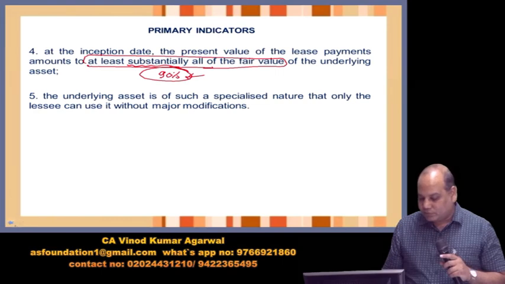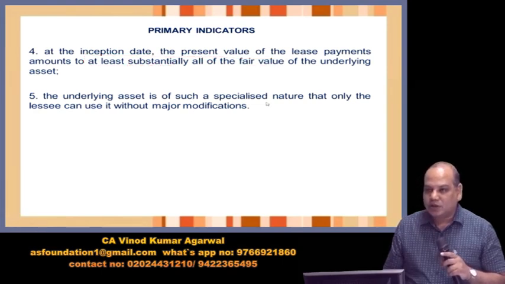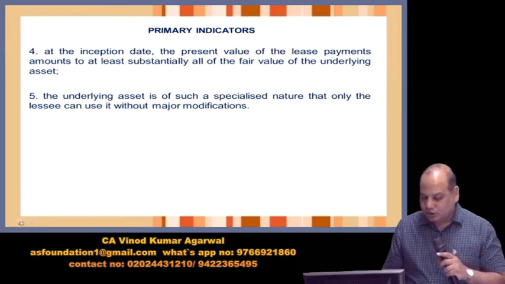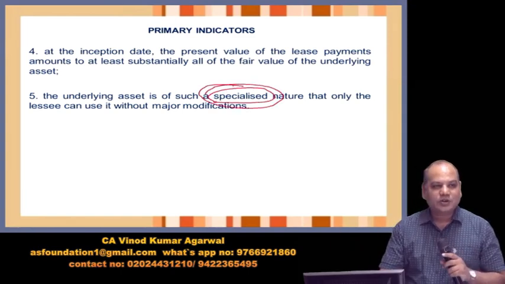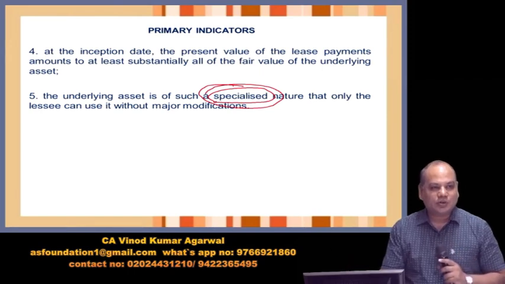And the fifth one is also a very easy one. The asset is of a specialized nature, such that only the lessee can use it without major modification. So the asset was customized, designed, manufactured, constructed for a specific lessee. Others can't use it.